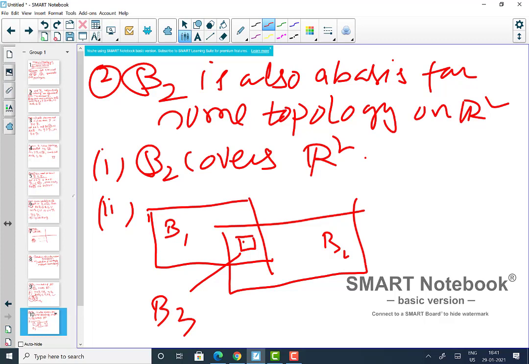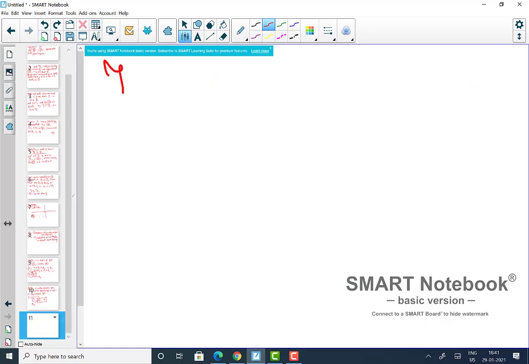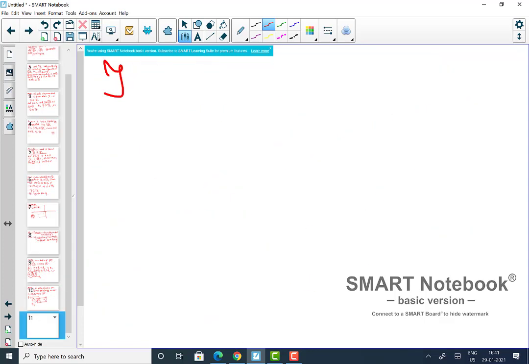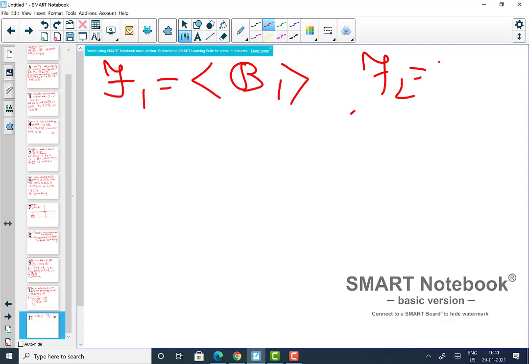Let me write down tau 1, the topology generated by B1, and tau 2, the topology generated by B2. Suppose this is my symbol. The question is whether you can compare these topologies or not.